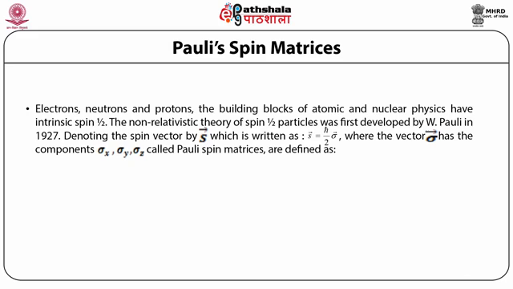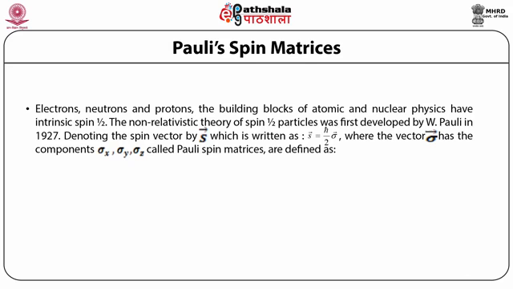So we all know that the electrons and the protons and the neutrons are the building blocks of atomic and nuclear physics. And we also know that the electron, the proton, and the neutron, all of them have a spin half. That means they are all fermions. They are Fermi particles because we all know that any particle which has a half integral spin is a fermion, and a particle which has a zero or an integral spin is a boson.